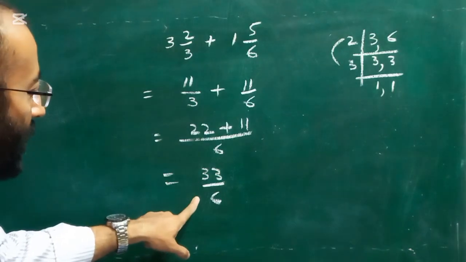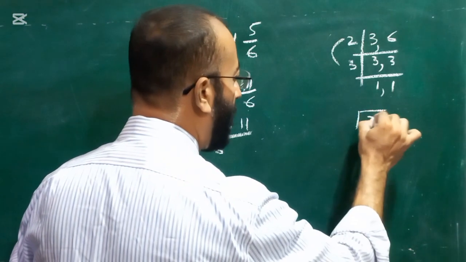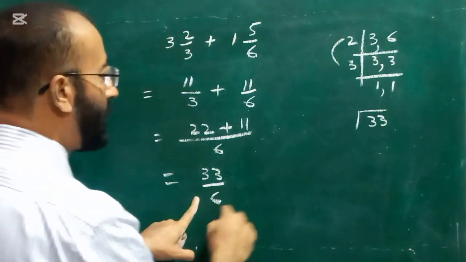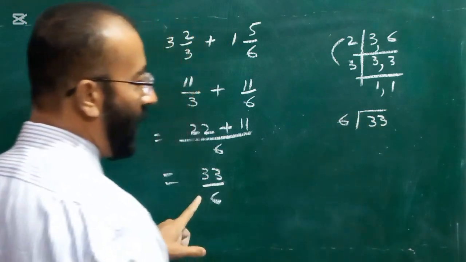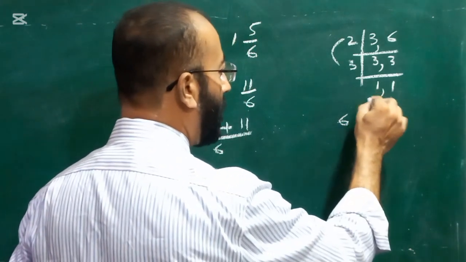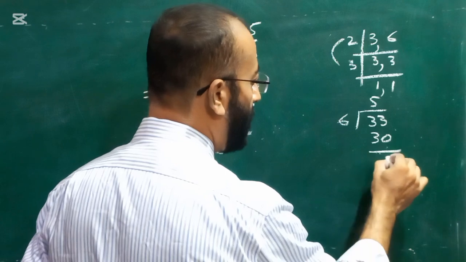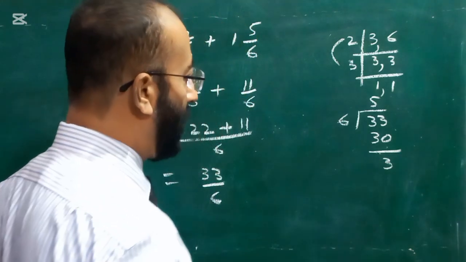Now we will divide the number. So 33 will be placed inside the bracket and 6 will be placed outside the bracket, and we will divide it now. So 6 5s are 30. Subtract these two numbers, 3 will be the remainder.